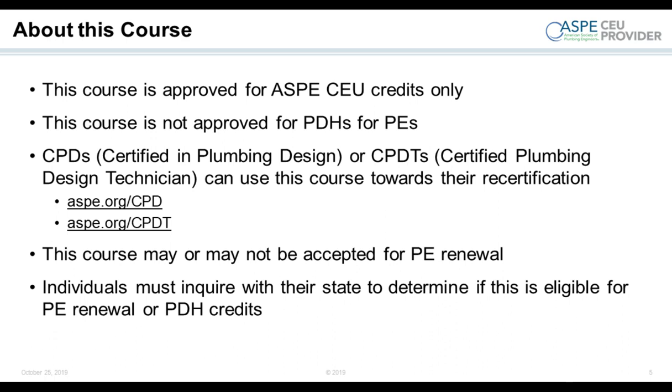It may or may not be accepted for PE renewal; it's going to be a case-by-case basis. But if you're certified in plumbing design or a certified plumbing design technician, you can use this course towards your recertification. So inquire with your state to determine if it's eligible for PE renewal or PDH credits, but it definitely is an ASSE-approved seminar.